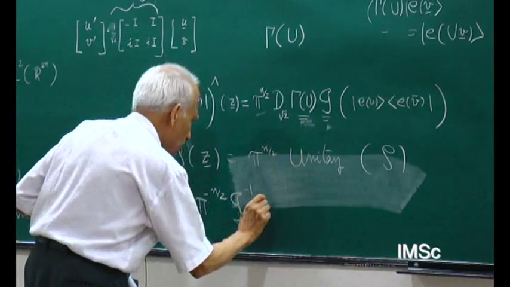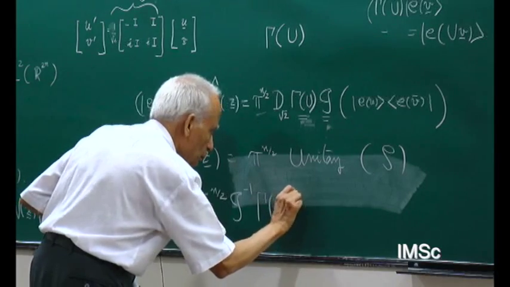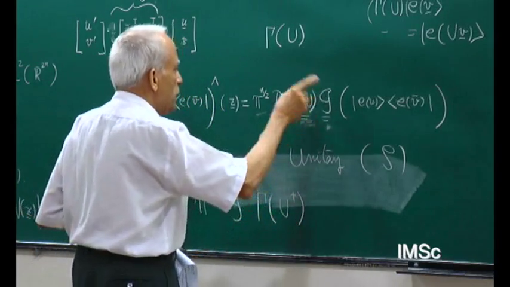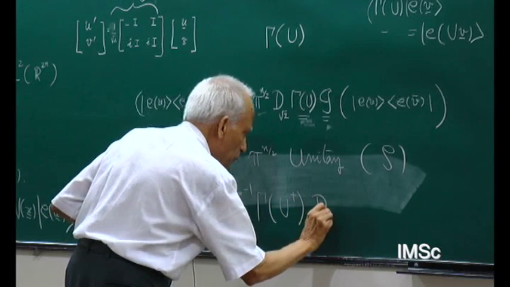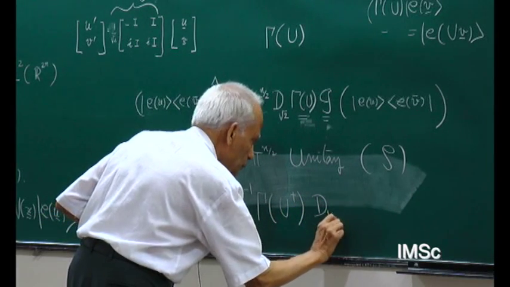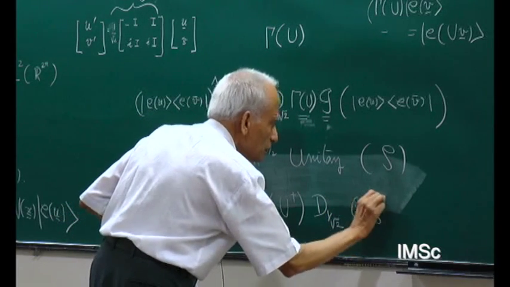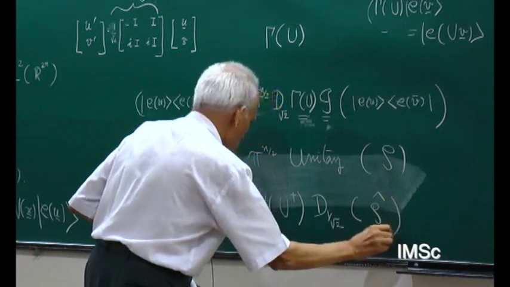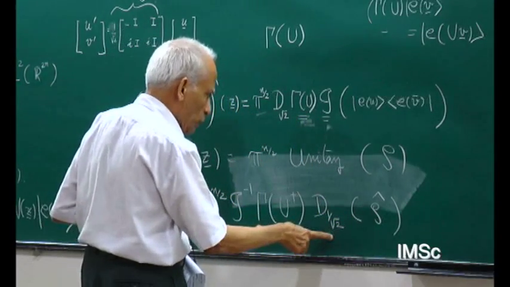So you have I inverse, and gamma of u dagger, gamma u, gamma v is gamma uv, and then this dilation will become D of 1 over root 2 applied to rho hat inverse. D root 2 inverse is D 1 over root 2.